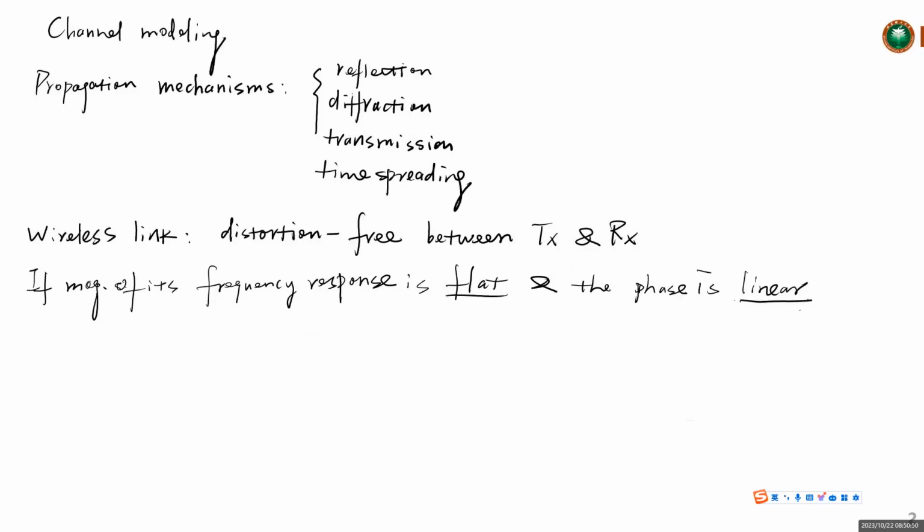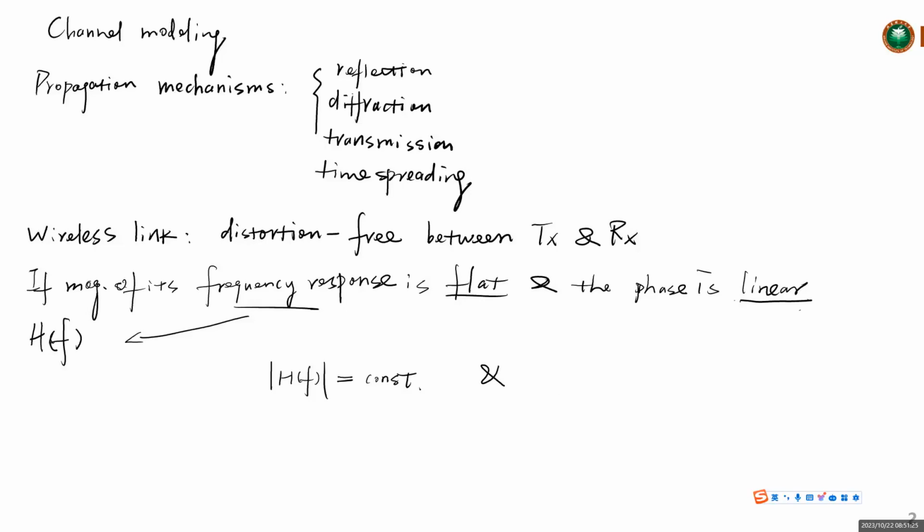Mathematically, if we assume that the frequency response can be represented as capital H with respect to frequency f, then if the frequency response is flat, we can represent it as H(f) equals a constant.